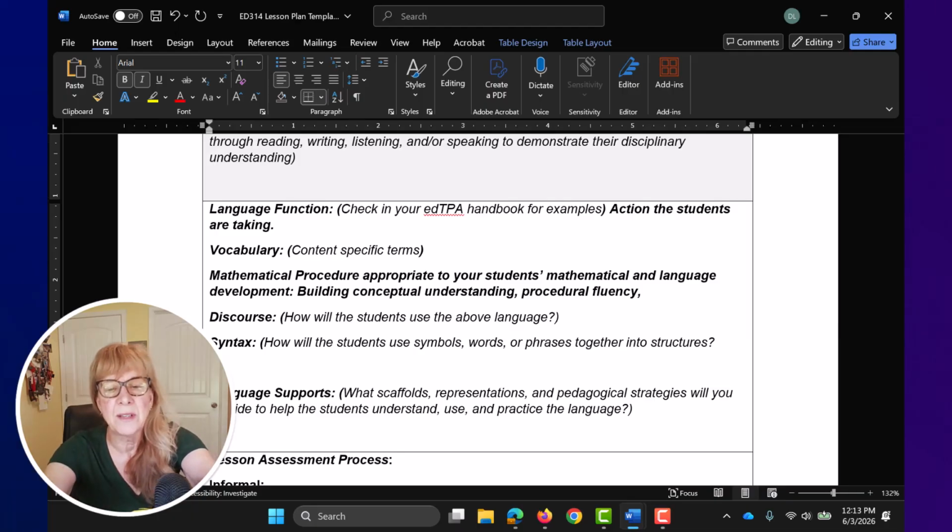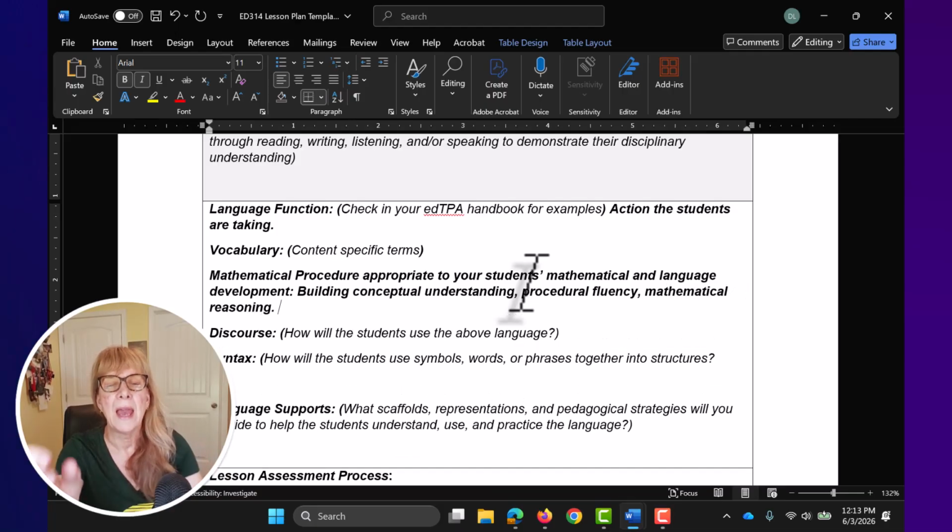And then the last kind of math instruction that you might be doing is mathematical reasoning. Mathematical reasoning is when you're applying a math concept. So if you have the students maybe working on word problems of real world situations, that is mathematical reasoning, having to solve problems where they have to apply a process.